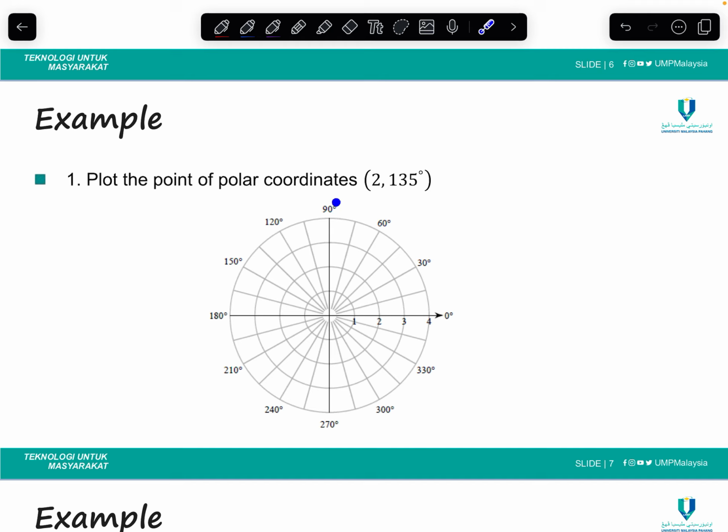This should be 90 degrees, 180, 270, and then you can put the increment by 30 degrees: 30, 60, 90, 120, 150, and so on.